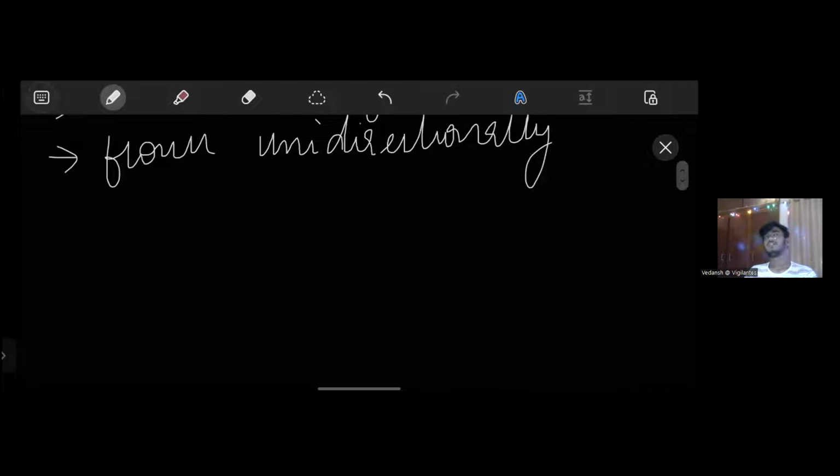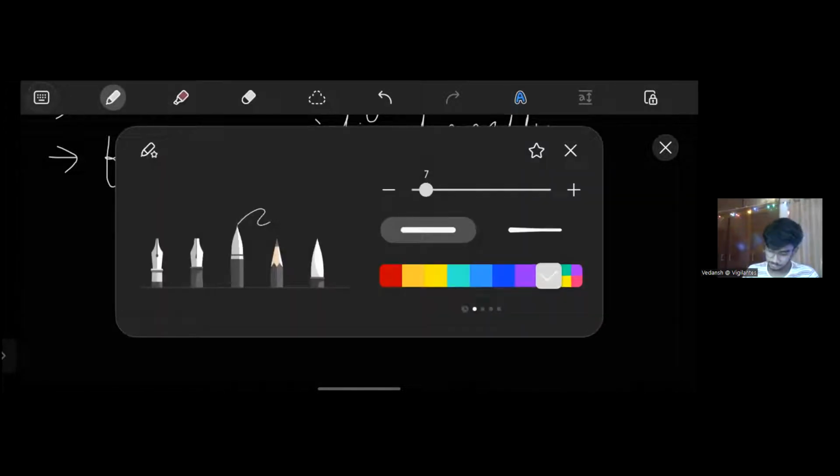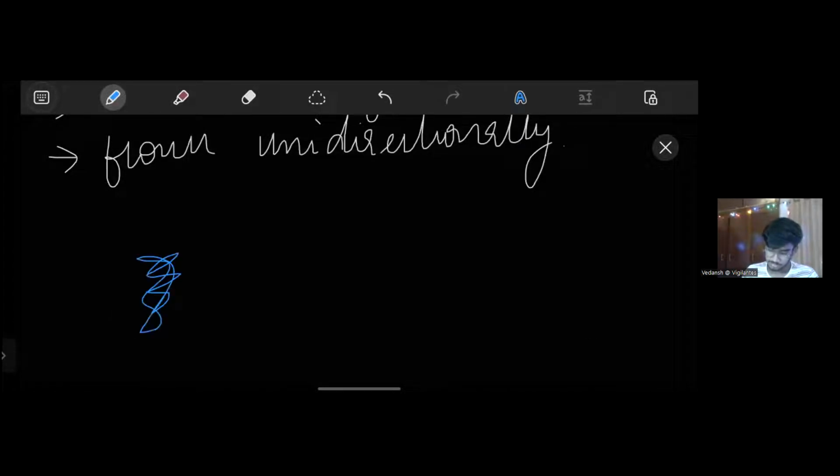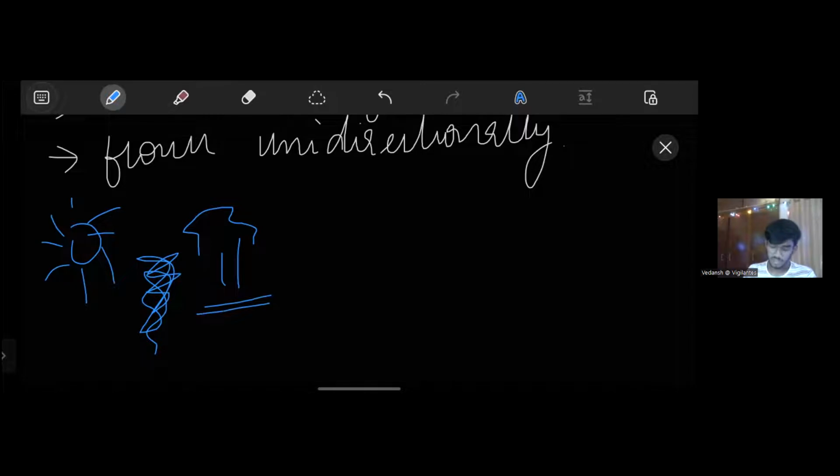Okay, so let's say there is nature. Let's say this is water, then there are some trees over here, and there is sunlight. We say there must be some creator. This tree must have some creator. This flowing stream of water must have some creator.